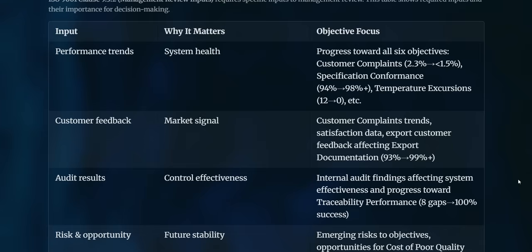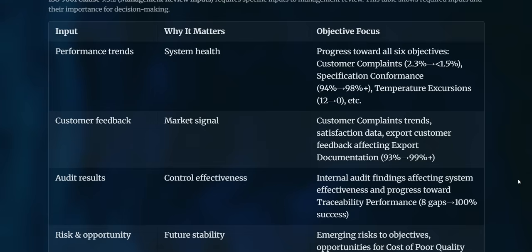The objective focus of the performance trends must include progress toward all quality objectives, in our case customer complaints reduction, specifications conformance improvement, and temperature excursion elimination, plus other objectives.